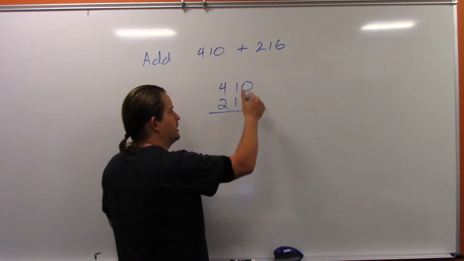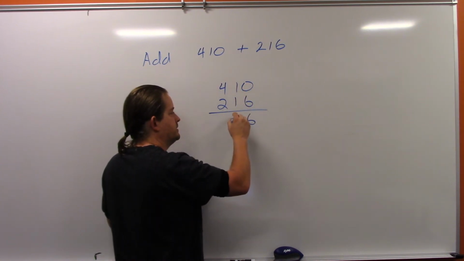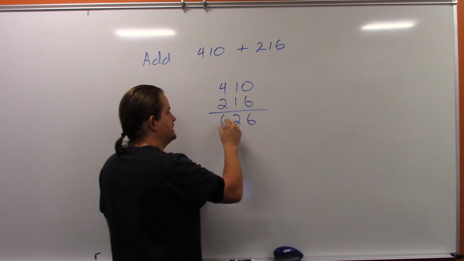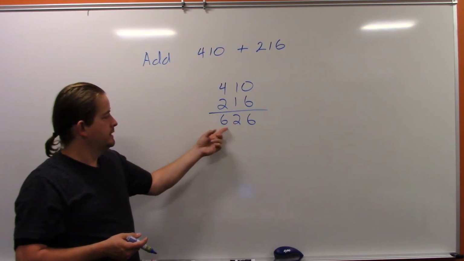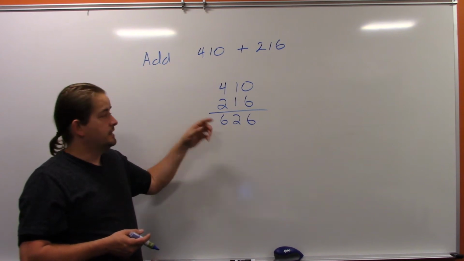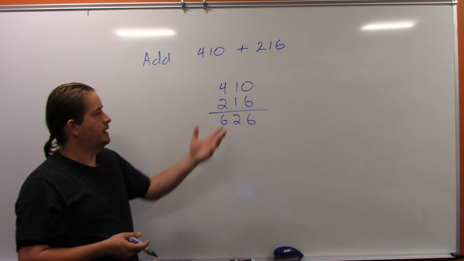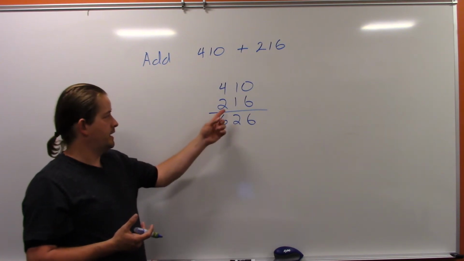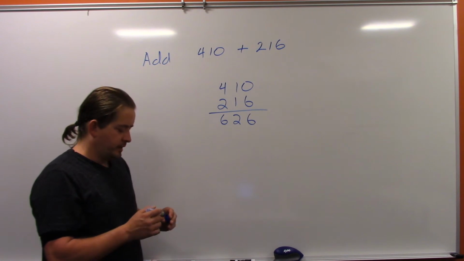And we just go column by column and add. 0 and 6 is 6, 1 and 1 is 2, 4 and 2 is 6. So altogether, 410 plus 216 is 626. Again, if I had to tick mark this out, that would take ages, and I would never get that far without losing count. So this is quick and easy to do by grouping this way.